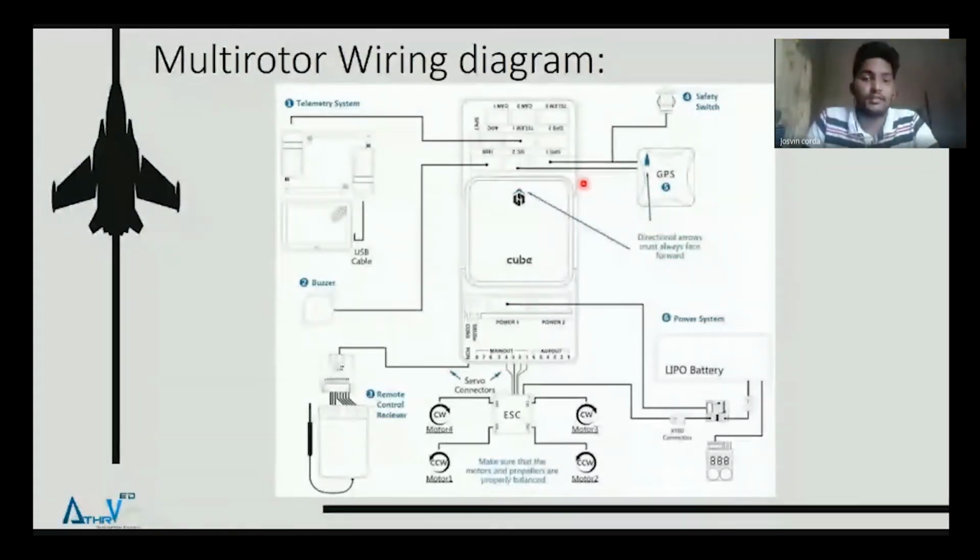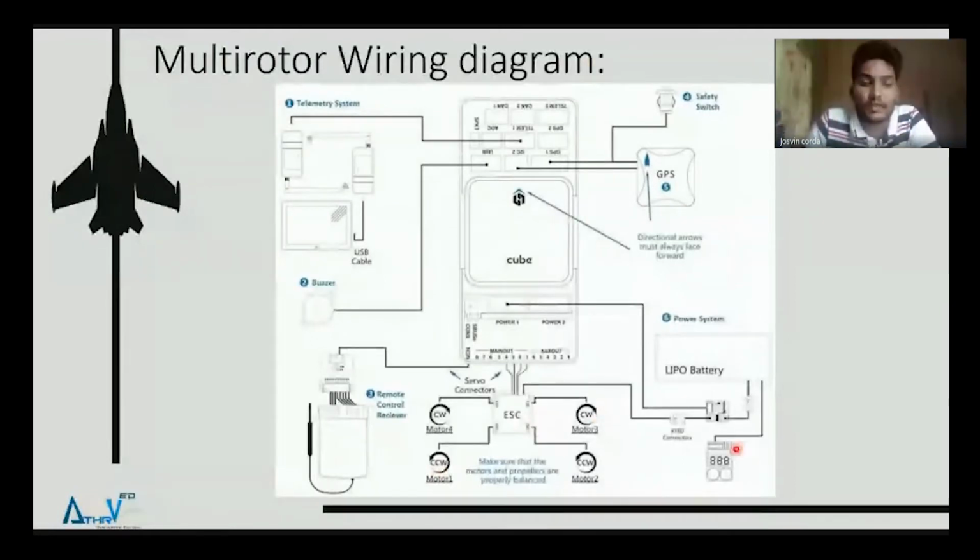And after connecting the flight controller, we connect the radio signal, that is the RC in, and then depending upon the number of motors being used, here it is four, we mount the four motors on the four arms. It should be noted that for each flight controller there will be motor mapping.